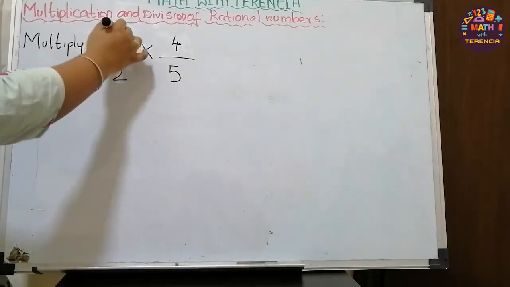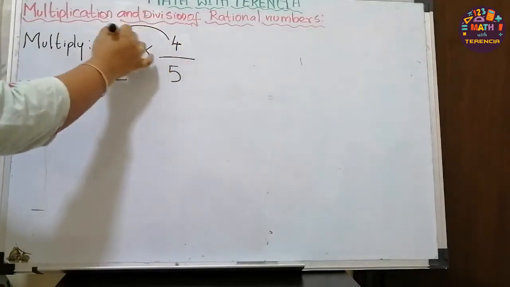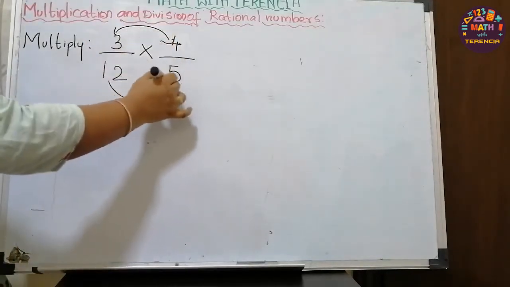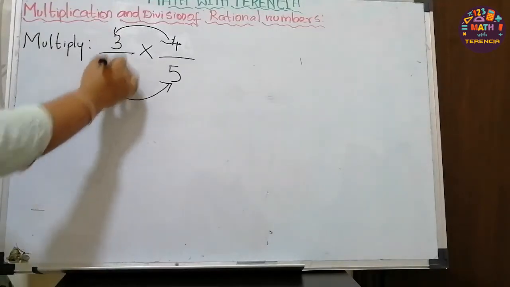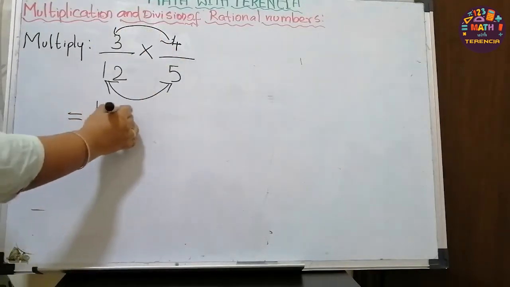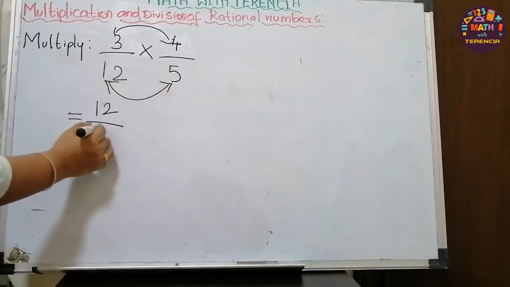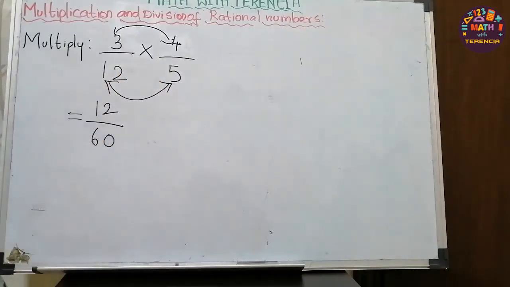So now I can multiply both the numerators and the denominators. The answer is 3 times 4, 12, and 12 times 5, 60. Now we can simplify this to convert the rational number to its simplest form.